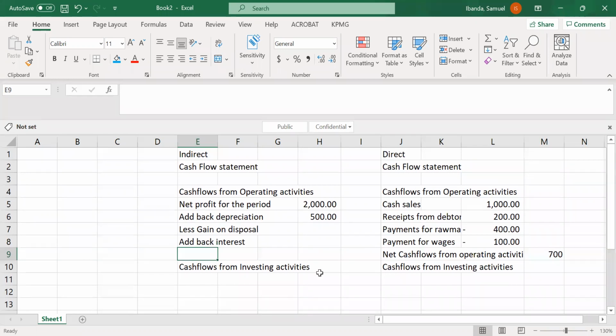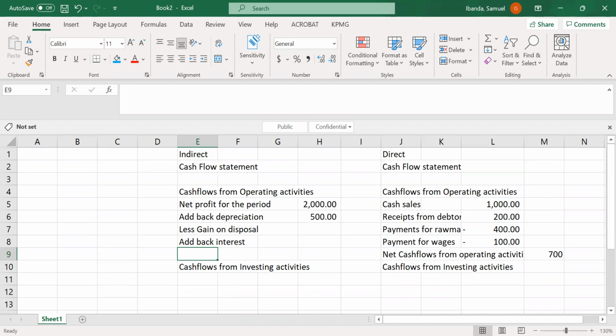We also look at items like changes in working capital. And by changes in working capital, we look at the different working capital items. By working capital, I'm looking at current assets and current liabilities. So we look at how those items have changed, okay? And so on.